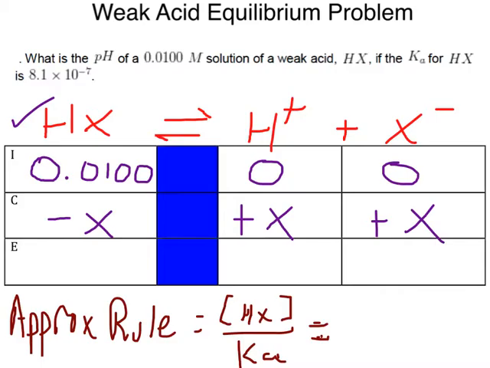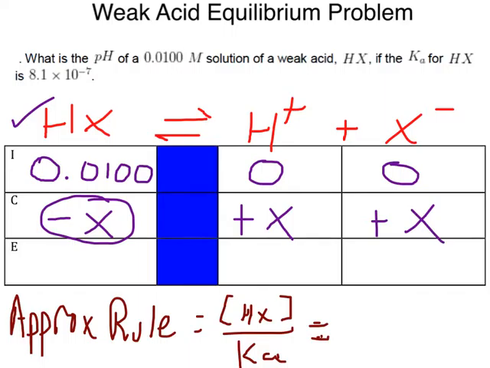So down here, step 3 is to do the approximation rule. Remember that when we're dealing with weak acids, any weak reactions, where the reaction itself favors the reactants and not the products, we can use the approximation rule to figure out if X is significant compared to the initial concentration of whatever we're using, in this case the acid.